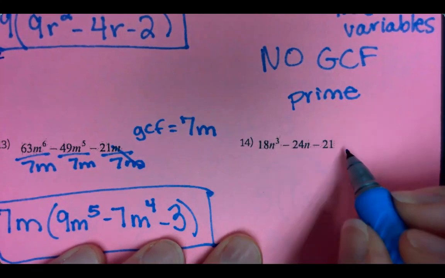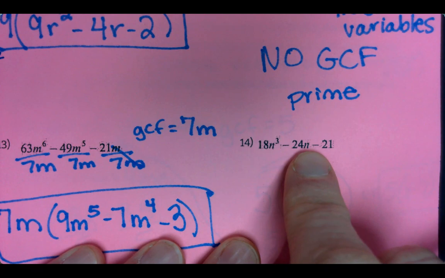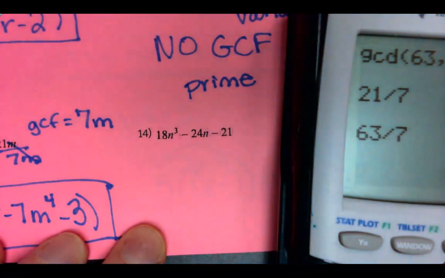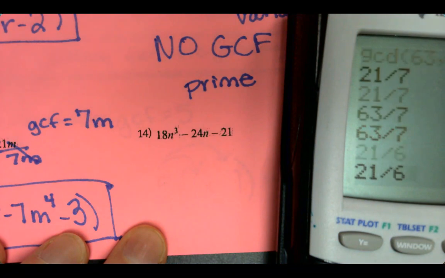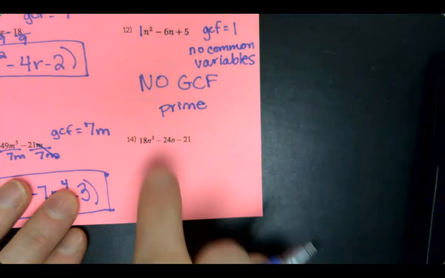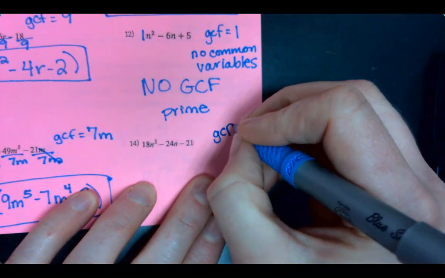Okay, so we look here, and if I do 18 and 24, I get 6. But then I check and see, does 6 divide 21 evenly? No. So that means I need to find a different one. Actually, 3 is our GCF.